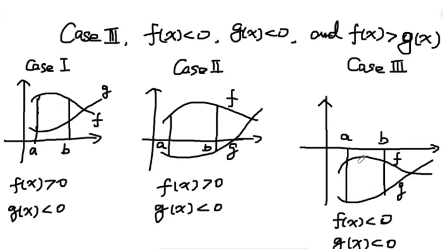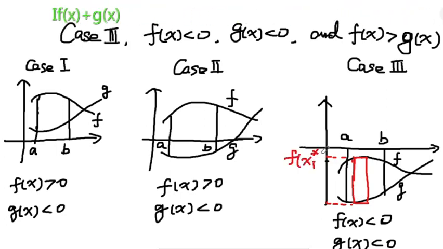Of course, it's still the difference between those two. If we form a rectangle here at xi, that is still f(xi) minus g(xi).